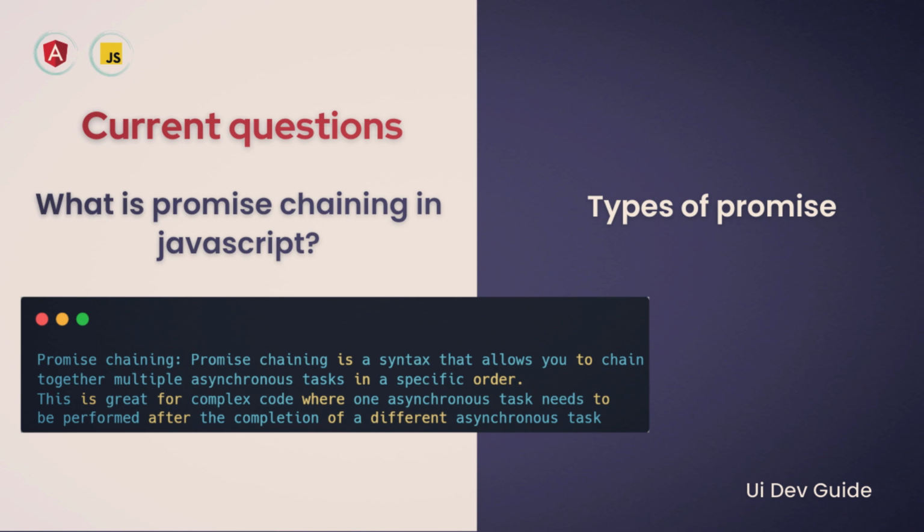But if you need all four directly, you can use Promise.all, and we can send all these promises as an array. If any promise between p1 to p4 is rejected, it will stop there only. Okay. So what are the types of promise?